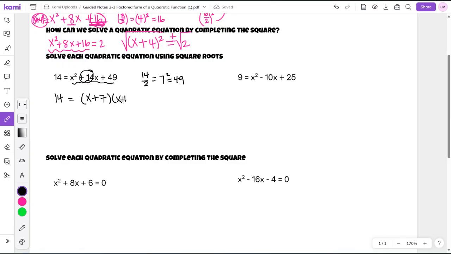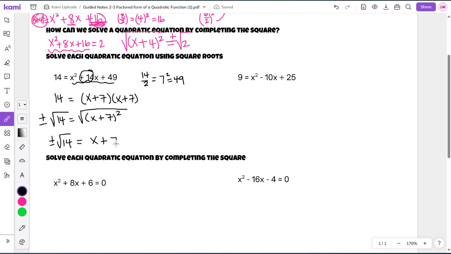Still, I can't do anything with this yet because it's not the zero product property. This is not 0, so I can't do what we usually do when it's 0. But I can write this as x plus 7 squared. Then I take the square root of both sides. Remember, we put plus or minus. So I have plus or minus the square root of 14 is equal to x plus 7.